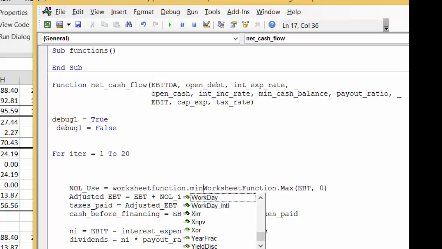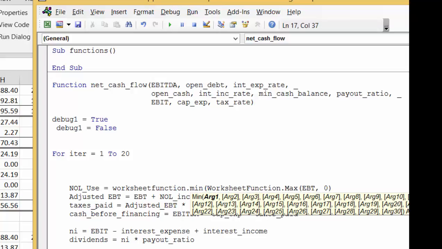We do a minimum of the opening NOL or the maximum.